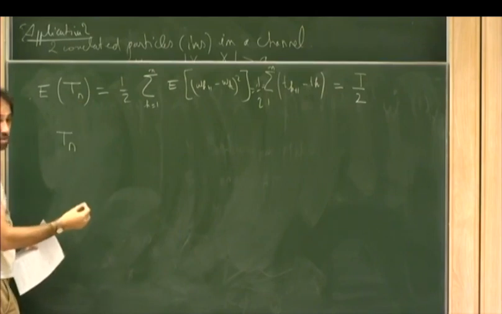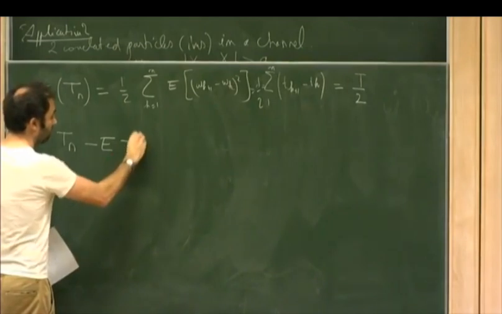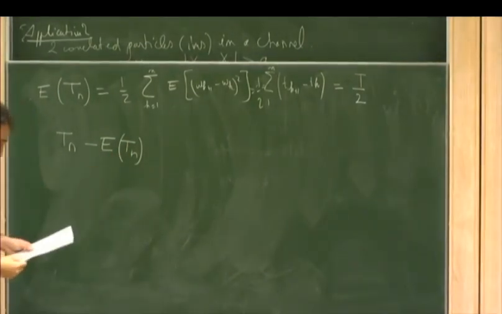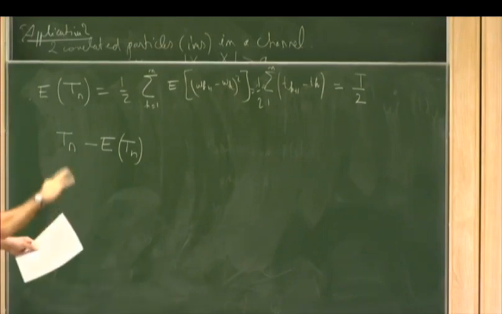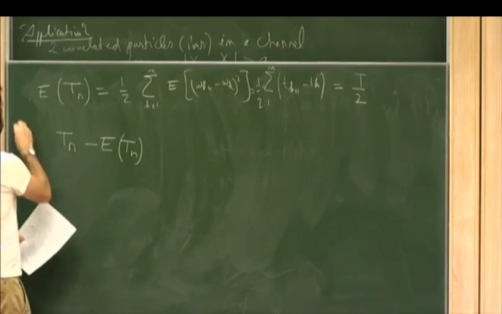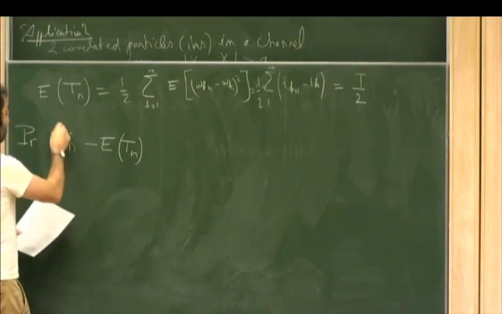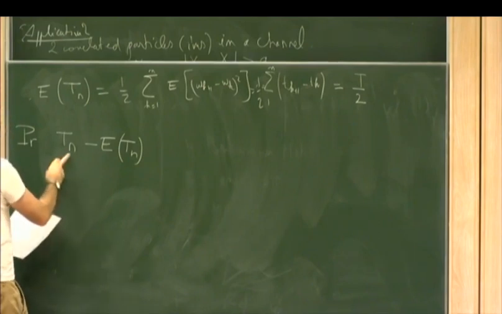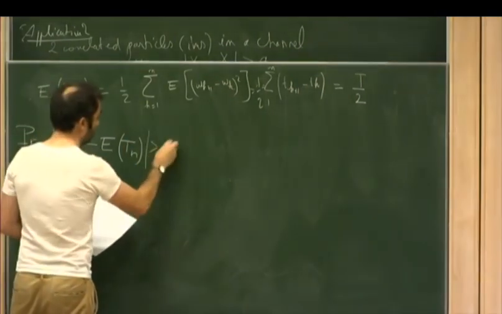And how do you show that? We want to look at the difference, Tn minus the expectation. You are going to use what is called a classical theorem. This is maybe the only time where I will use something classical. You have to use the Chebyshev inequality, which gives you an estimation when you have a random variable minus the expectation larger than epsilon.